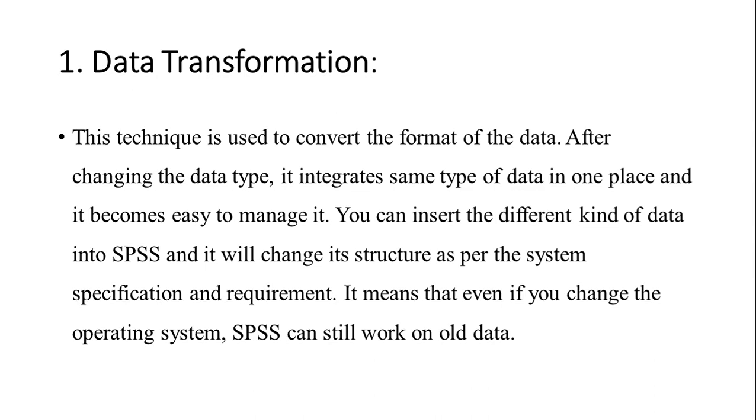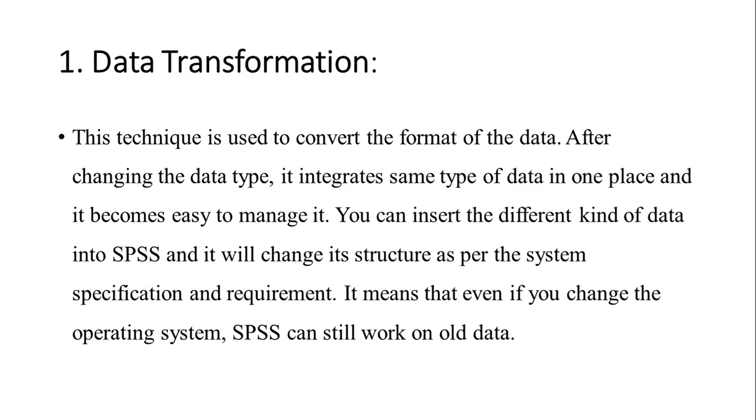So we are going to use SPSS commands for data transformation. This technique is used to convert the format of data. After changing the data type, it integrates same type of data in one place, and it becomes easy to manage it. You can insert different kinds of data into SPSS, and it will change its structure as per the system specification and requirements.